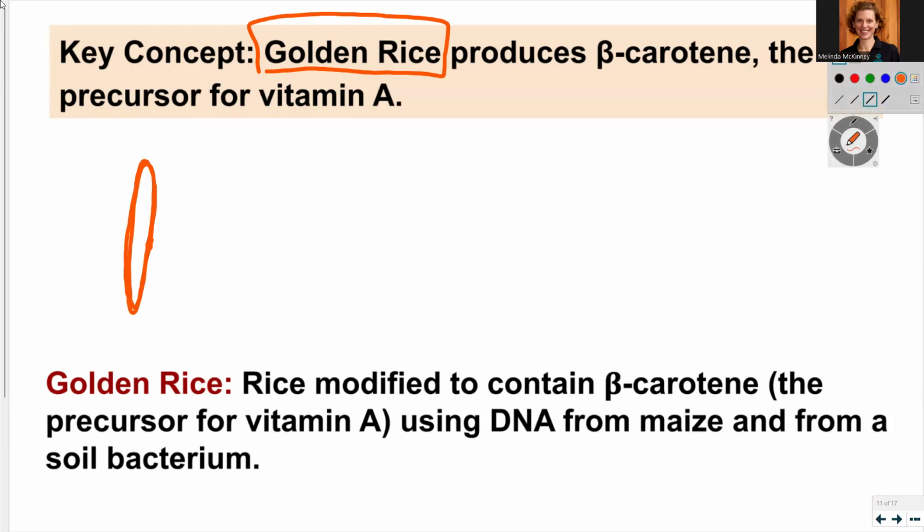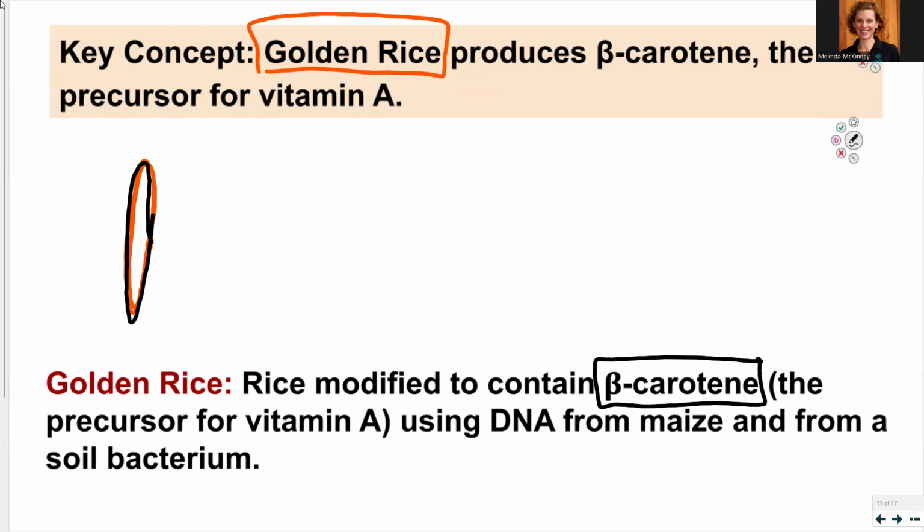So often the rice would be pretty devoid of nutrition. So there's a grain of rice, but people have access to it in large quantities. It's very affordable. And so they modified this species of rice to contain beta carotene, which is not normally found in rice. So beta carotene is the precursor for vitamin A.